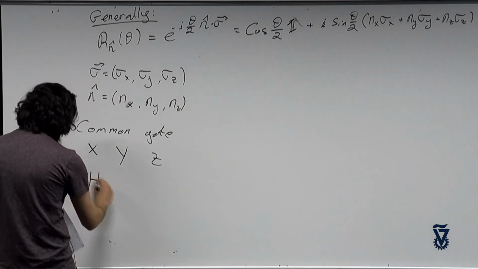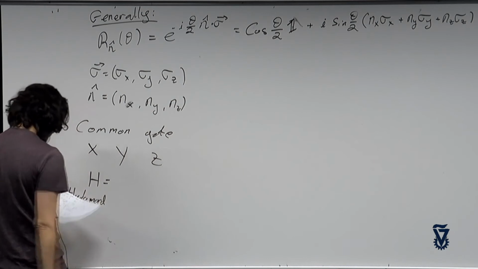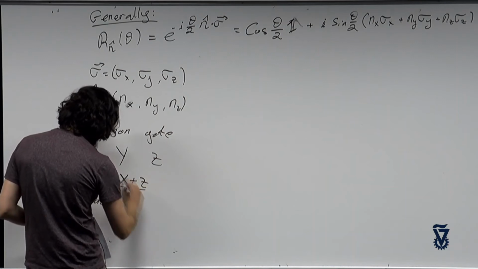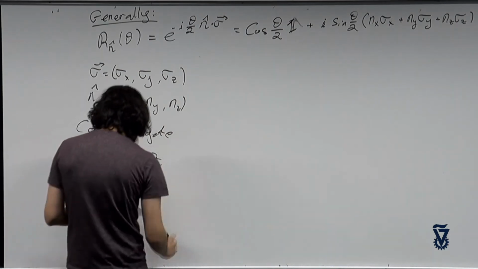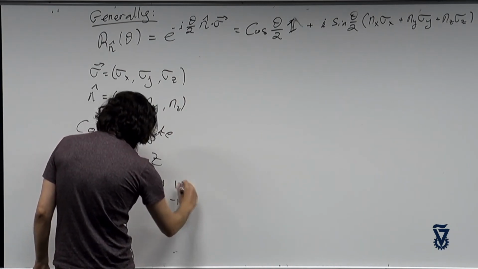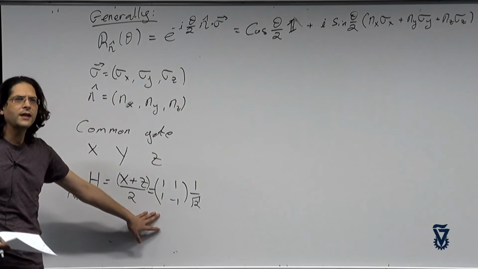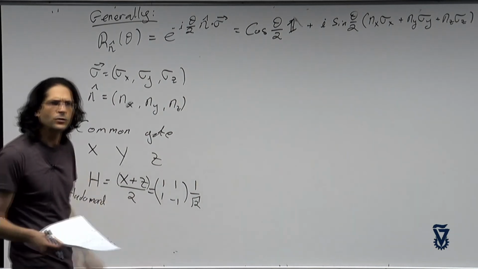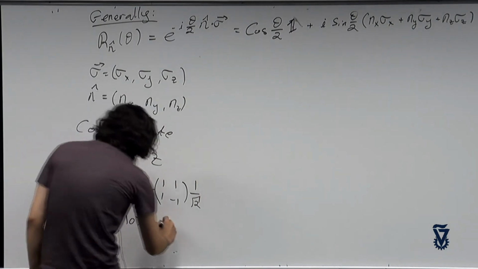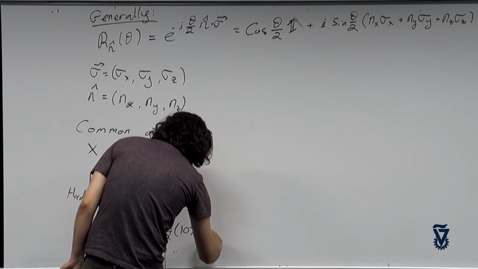But this is not enough for single qubit control. There's also the Hadamard. So H, this is Hadamard. The Hadamard is defined as X plus Z divided by 2, which equals 1, 1, 1, minus 1, times 1 over square root of 2. Now what this Hadamard does, it's a convenient gate to use because it takes the state 0 to the state 1 over square root of 2 times 0 plus 1.